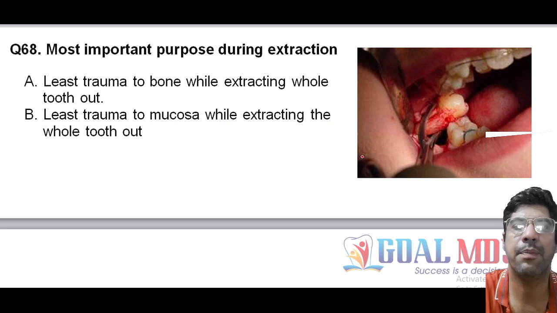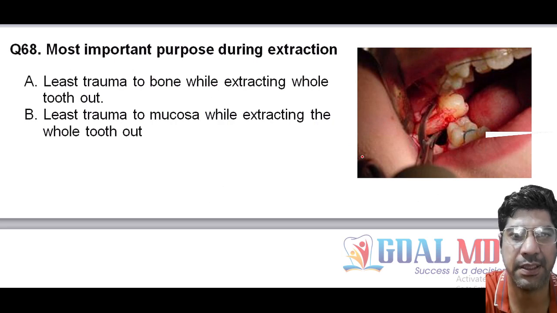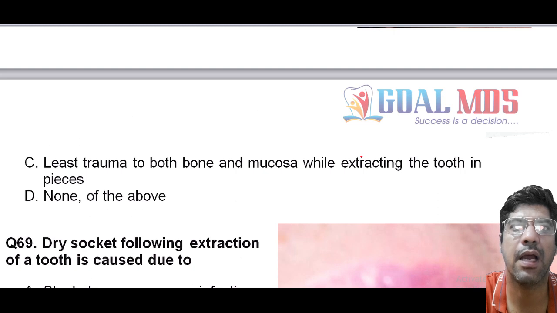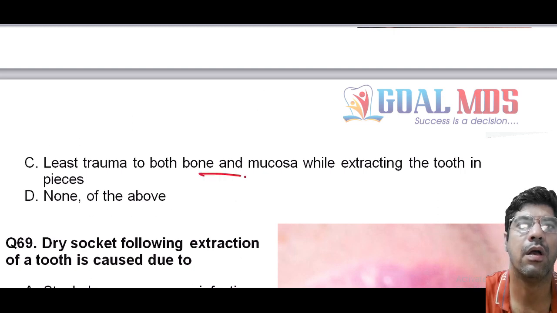The most important purpose during extraction. Answer is C, least trauma to the tooth. Less trauma to the bone and mucosa while extracting the tooth in pieces.